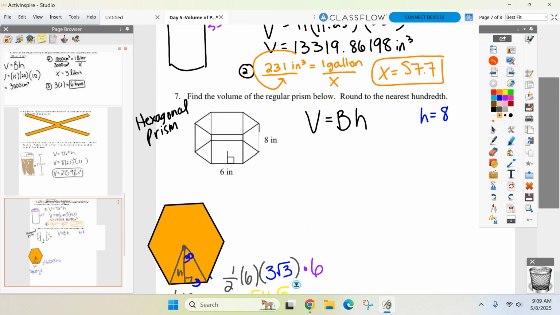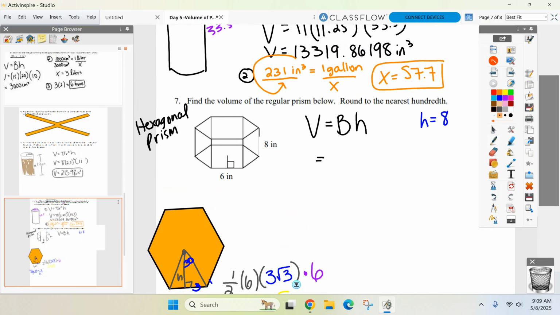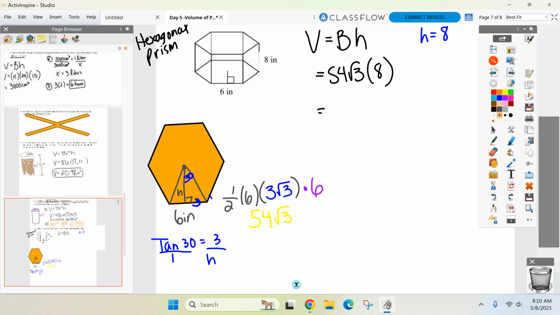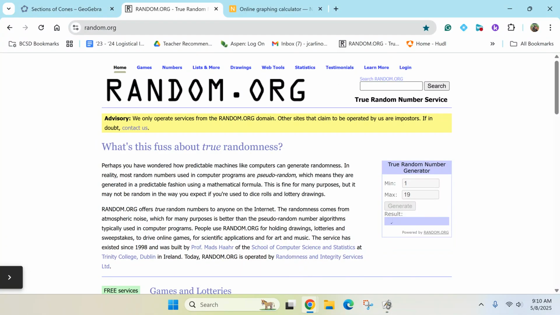All right, go back up. 54 radical 3 is the area of the hexagon, times 8. And the final volume, to the nearest 100th.